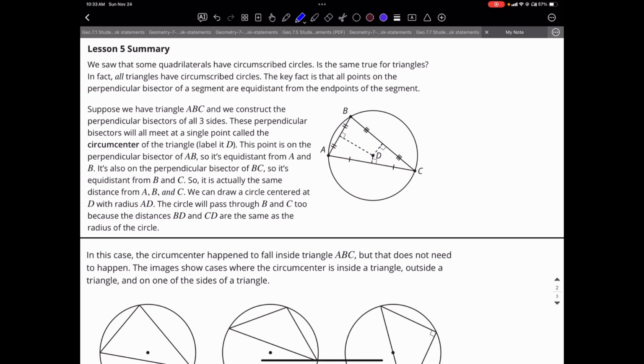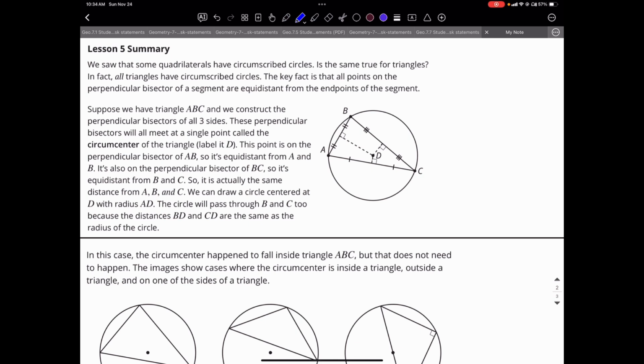All right, so suppose we have a triangle ABC and we construct the perpendicular bisectors of the three sides. These perpendicular bisectors will all meet at a single point called the circumcenter of the triangle. Notice it's labeled point D in the illustration.